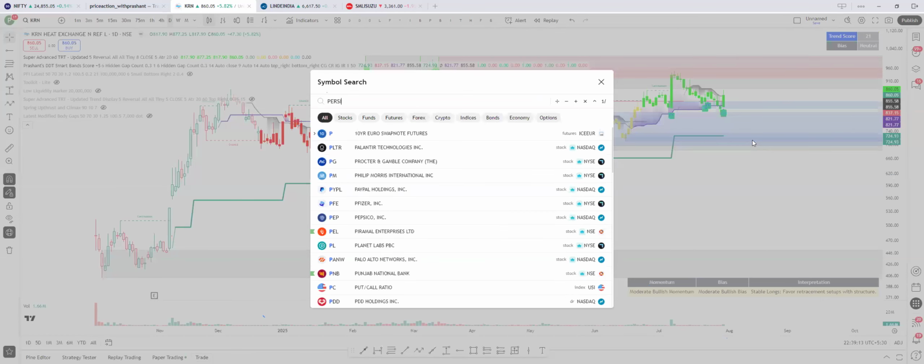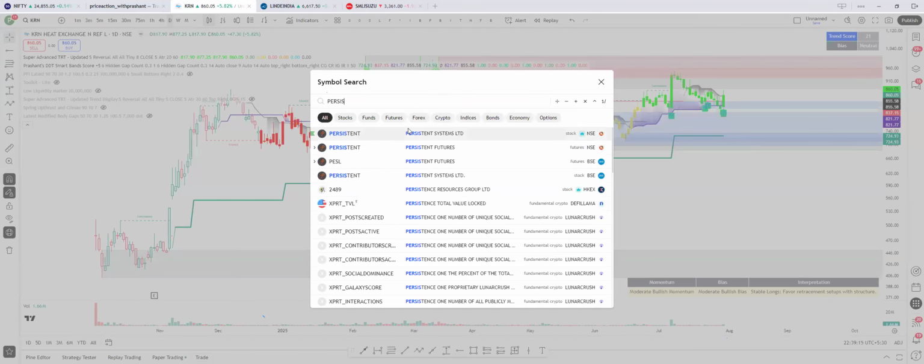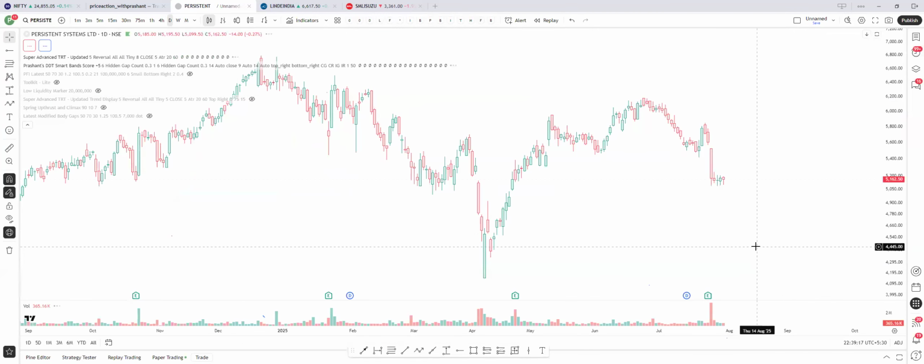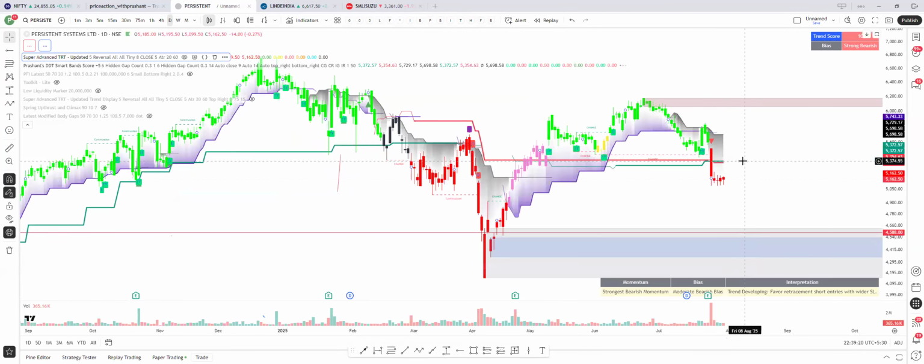Persistent is strongly down, red candle below all the bands. Now, this was a strong down move. It went up, trend changed to uptrend, and now it has turned to downtrend.